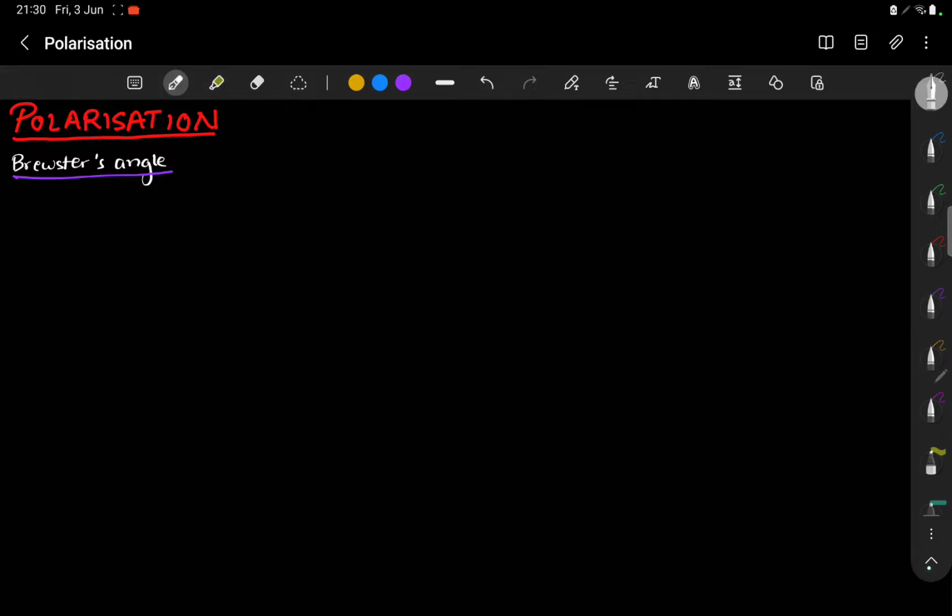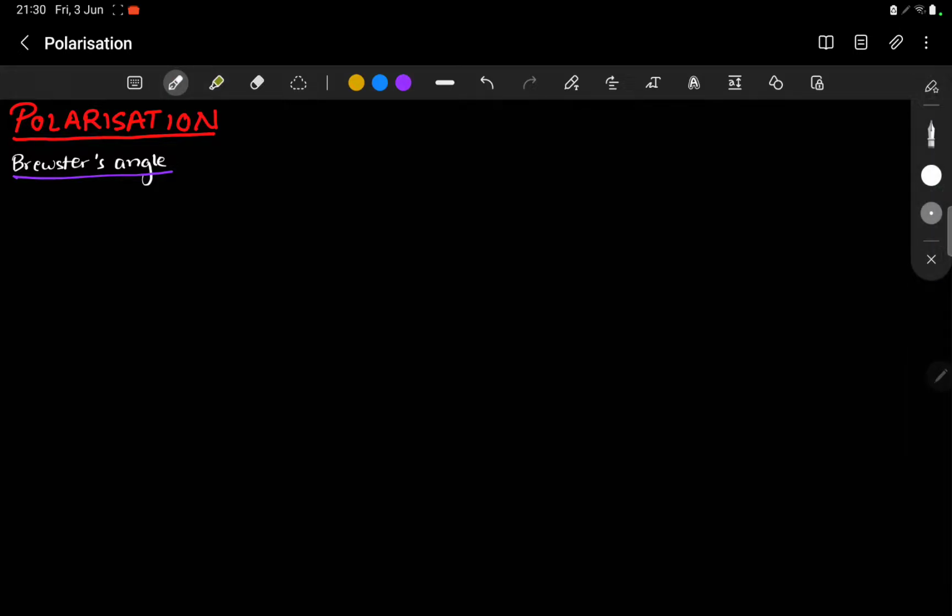So we consider reflection at a given interface. This is the interface. These are the refractive indices of the two media separated by the interface that we have.